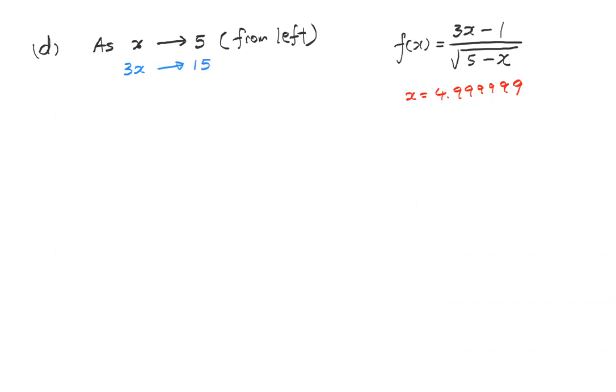Am I right? So what happened to my 3x minus 1? It will approach 14. Then what will happen to my 5 minus x? Close to 0, but still greater than 0, correct? Agree with me?